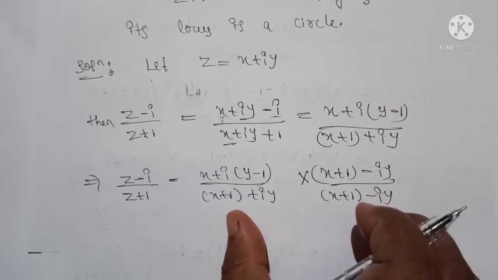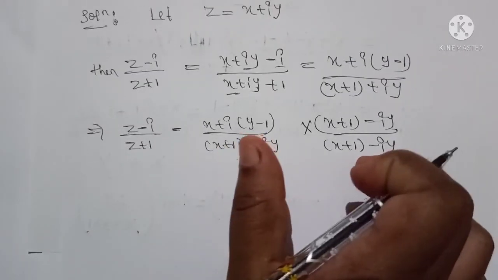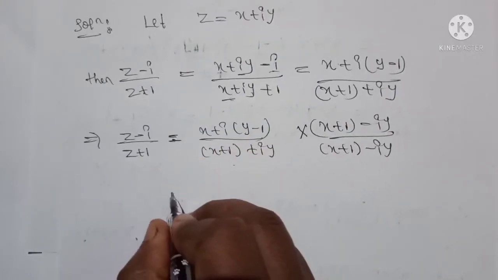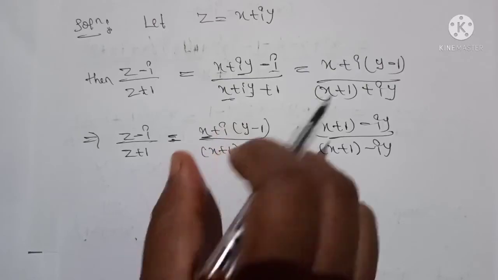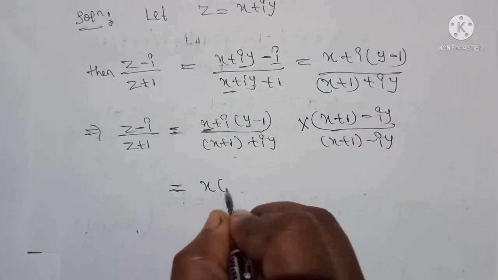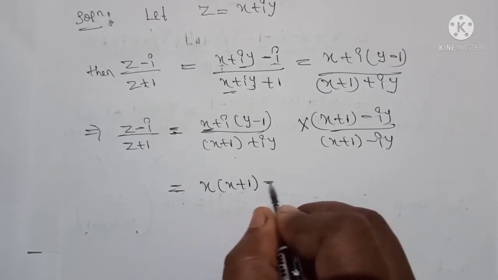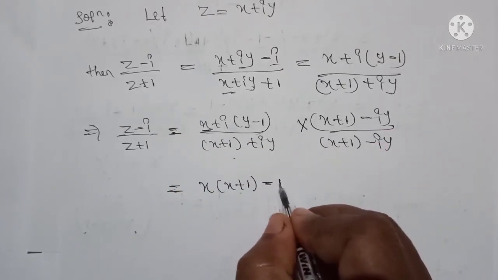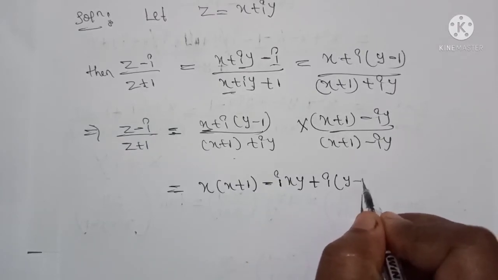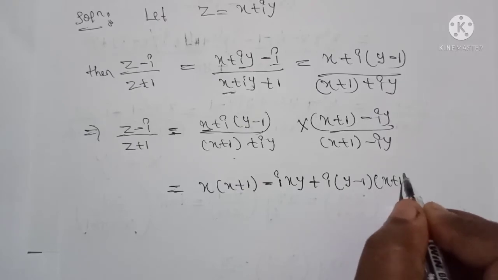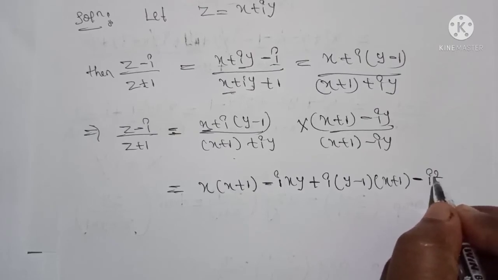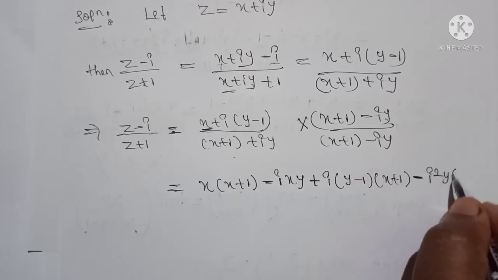We have to handle this carefully, so we simplify very carefully. Simplifying the numerator, we get x into (x plus 1), minus ixy, plus i into (y minus 1) into (x plus 1), plus, minus i into i squared, y into (y minus 1).